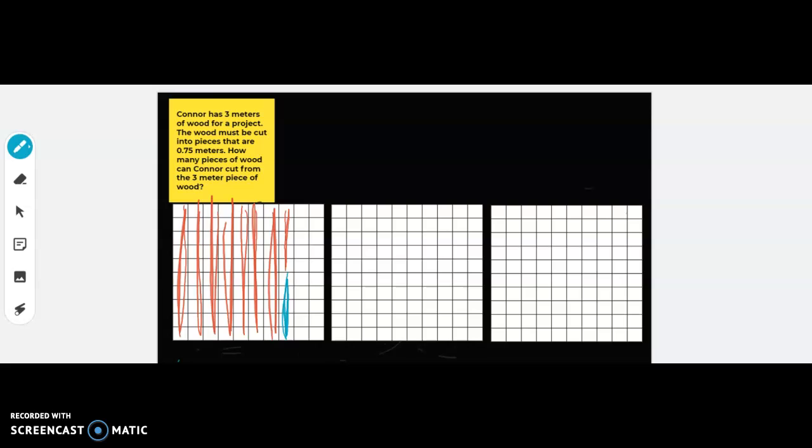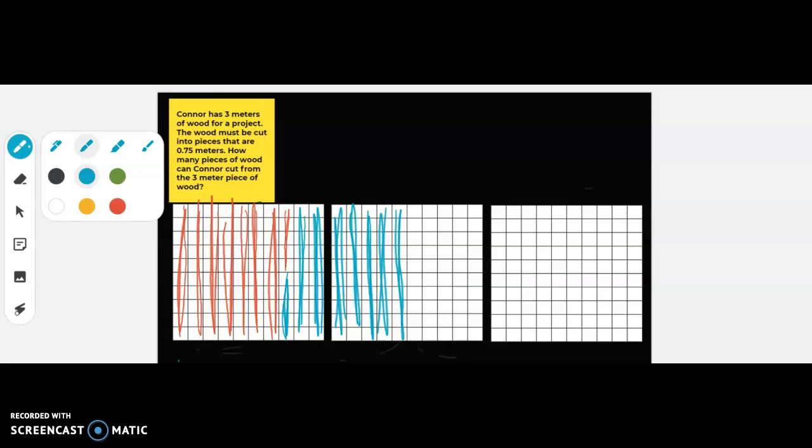And I'm going to continue now with the 7 tenths of that number. So 1, 2, 3, 4, 5, 6, 7. I made another 7 tenths and I'm going to keep going. So there I have 75 hundredths in red. I have 75 hundredths in blue.